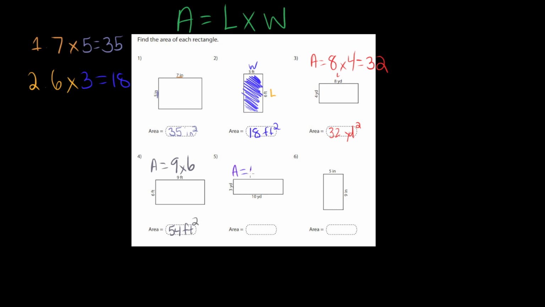Area is going to be 10 times 3, which is going to give us 30 yards squared. And last but not least, area is going to be 9 times 5, which is going to give us 45 inches squared. Okay, it's really that straightforward, learners.